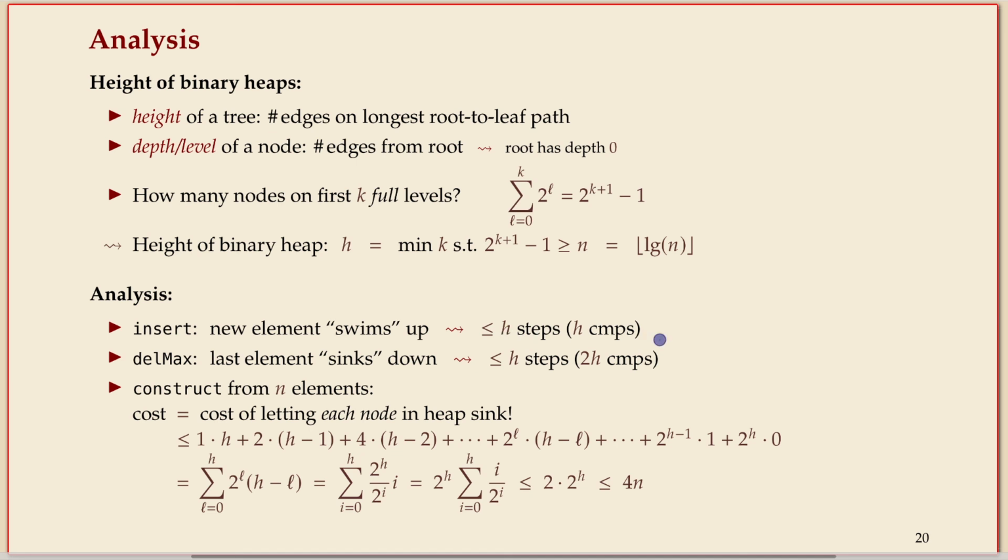And so after at most h steps, h the height of the heap, we necessarily stop. For deleting, the maximum is the opposite. We sink down. Again, we have h steps of sinking at most, but the number of comparisons here is twice that, because we need to compare the children and we need to compare the parent and the child to see if we're done.